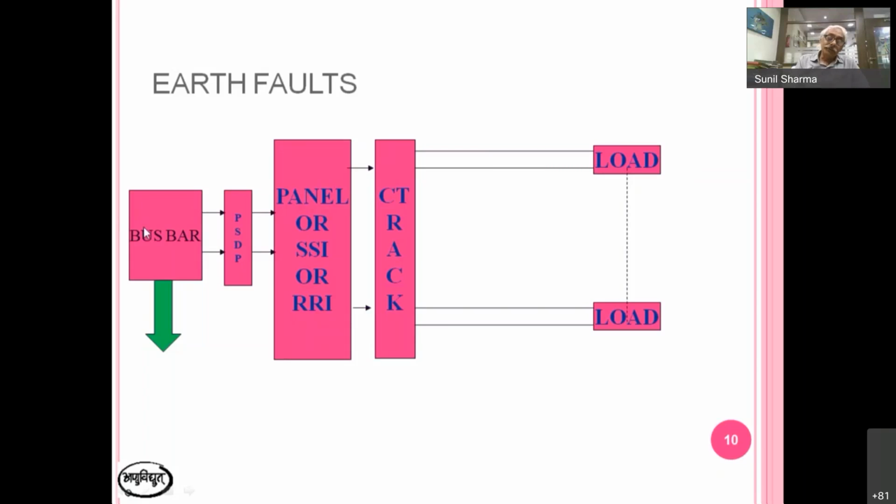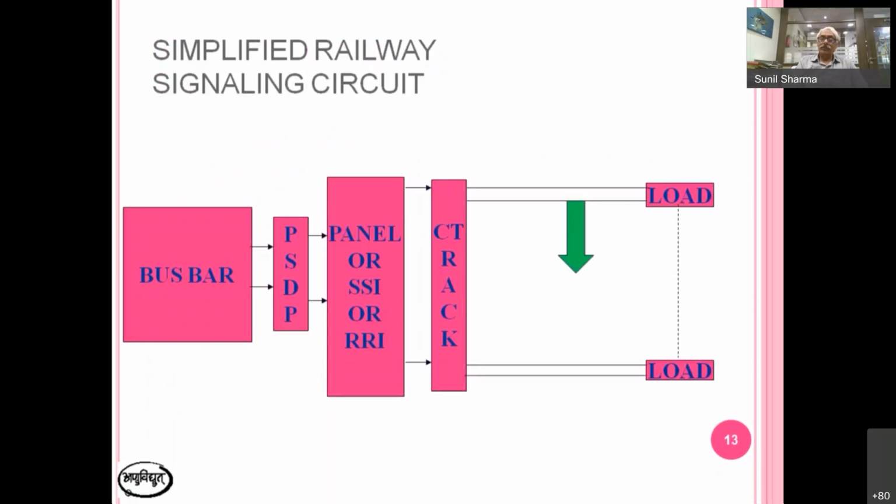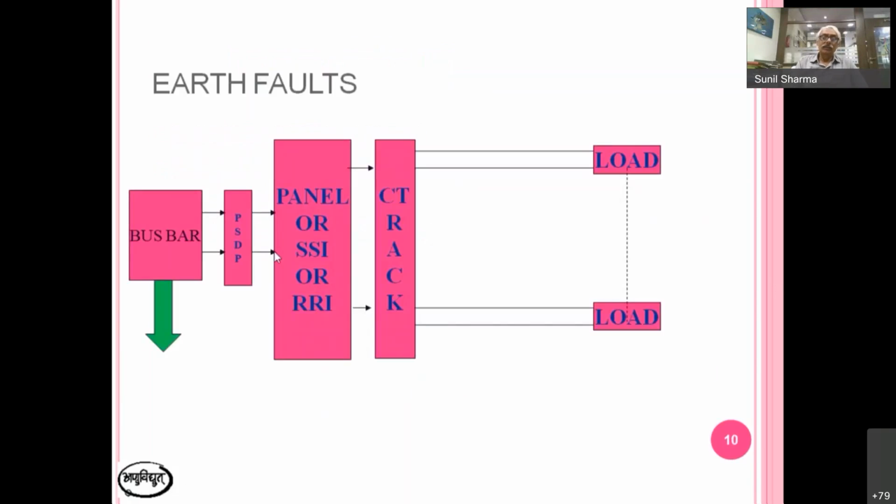Because one earth fault, a leakage, has become established here. As soon as, I will show you in the next picture, this type of fault or leakage becomes established, it creates a path and the real fault begins.